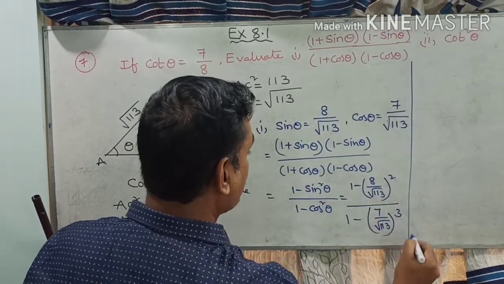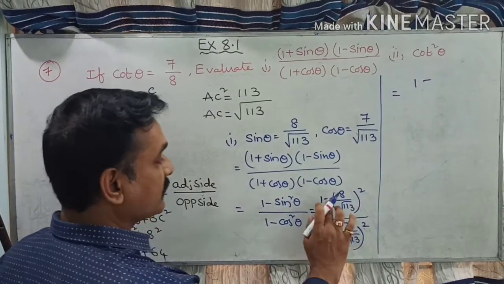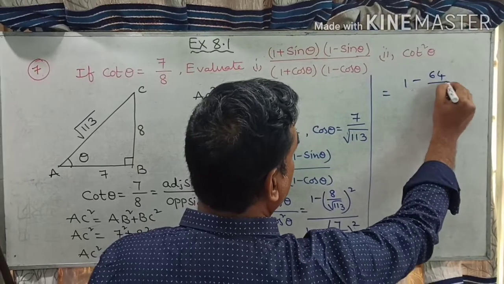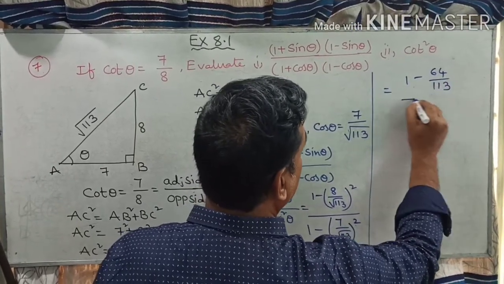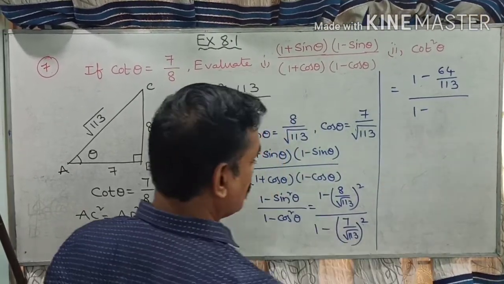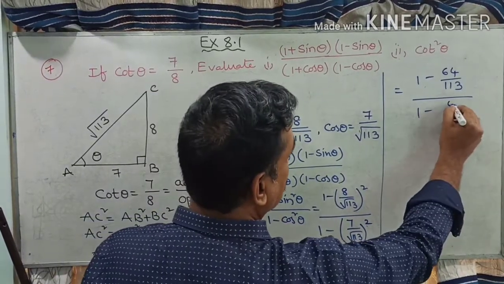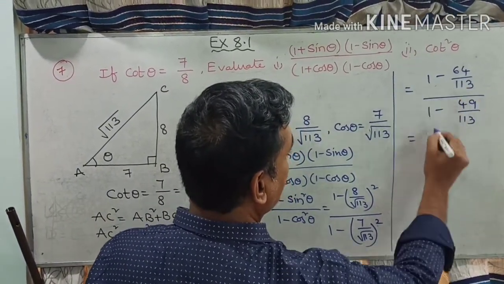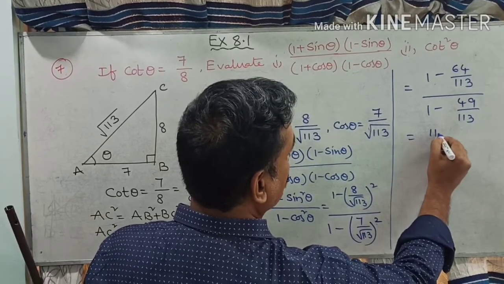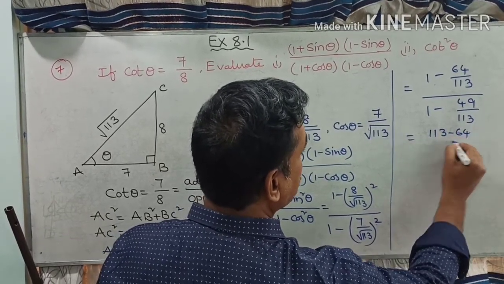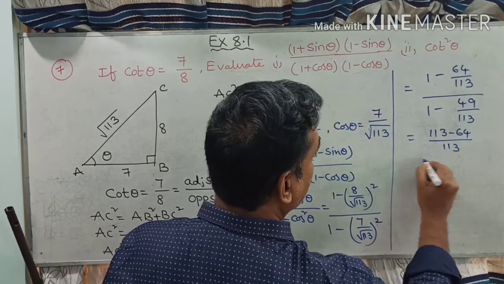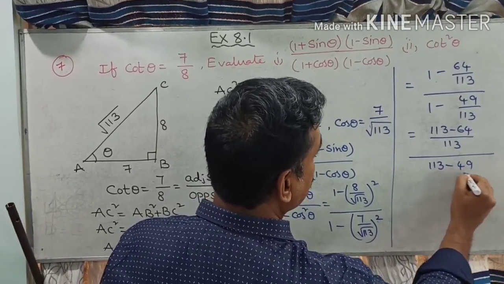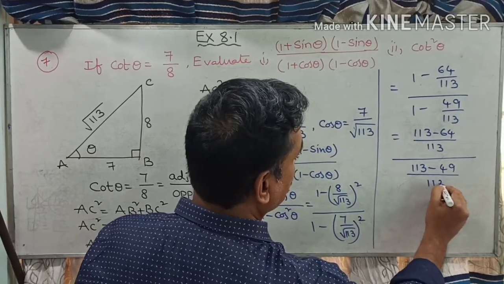If you simplify this part, the numerator is 1 minus 64 by 113 and the denominator is 1 minus 49 by 113. If you find the LCM, we get (113 minus 64) by 113, divided by (113 minus 49) by 113.